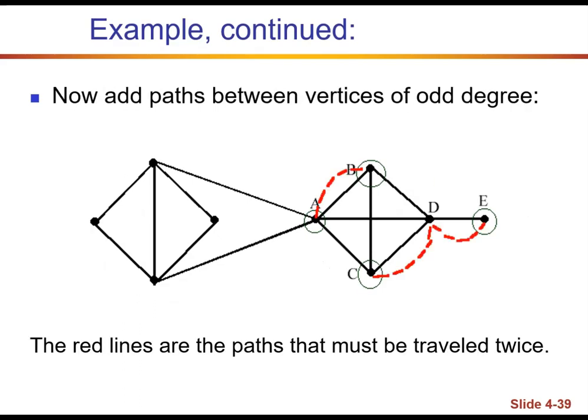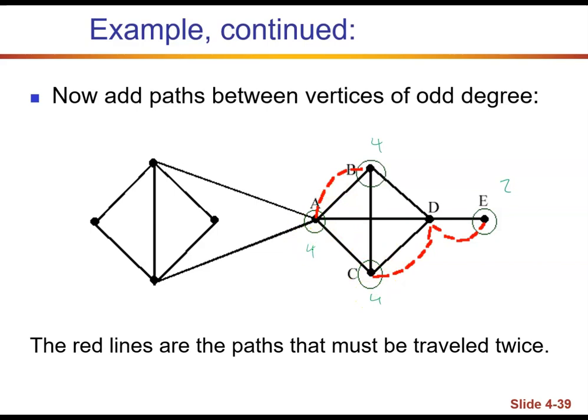If we add paths between these, which I did with the red dotted lines there, then we can get back and forth between those. For example, let's start with B: 1, 2, 3, 4, an even degree.